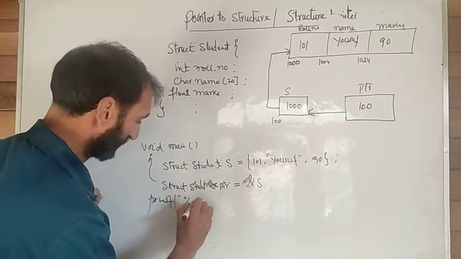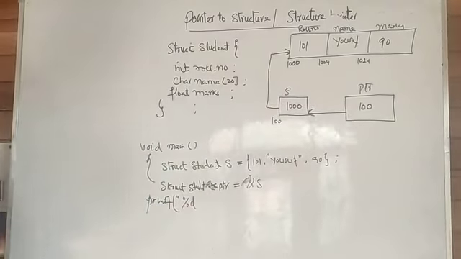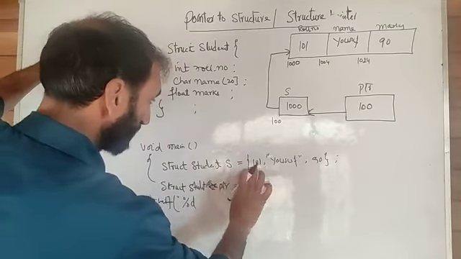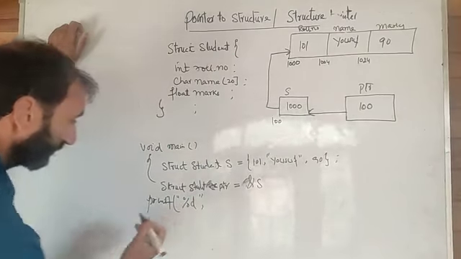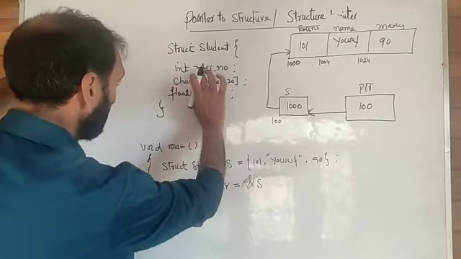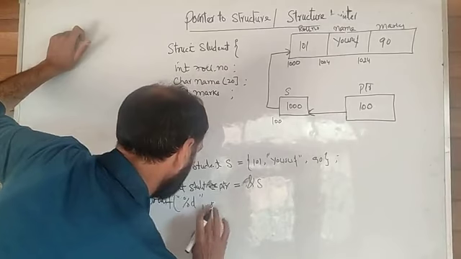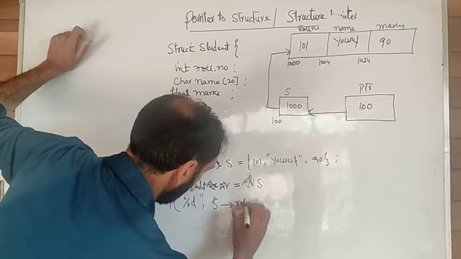Format specifier of this integer is percentage d. For example, I want to access this first location, roll number: percentage d, the format specifier for integer, then the name of the variable. What is the roll number? Now, the name of the variable, S dot roll number.